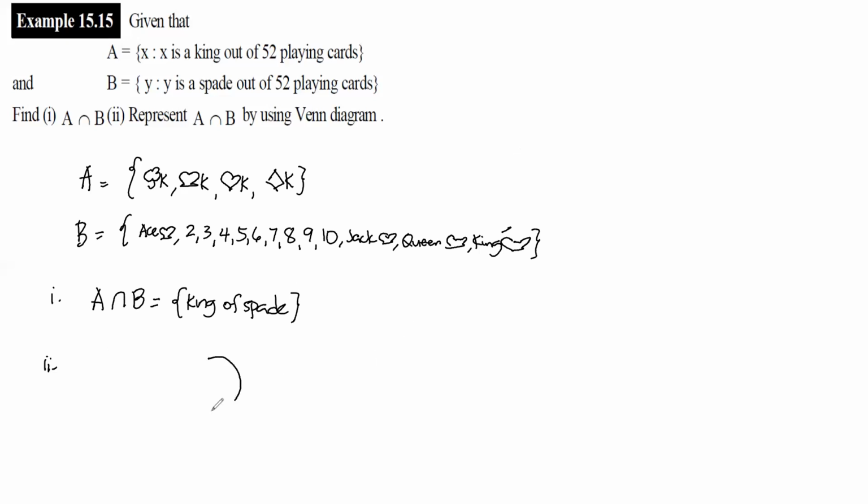So given set A and set B, okay, again, for set A, lahat ng king. King of flowers, king of hearts, king of diamond, at yung intersection nila at king of spades.